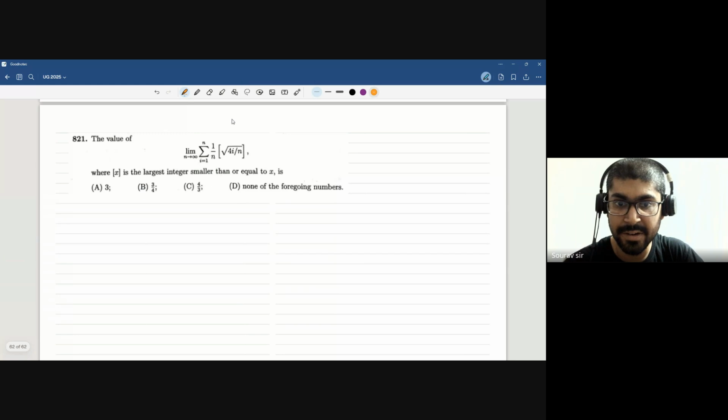So for this one, I had taught you how to transfer limits to integrals, right? You can use that technique. I spent one whole class teaching you this.